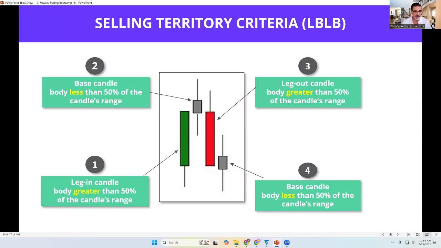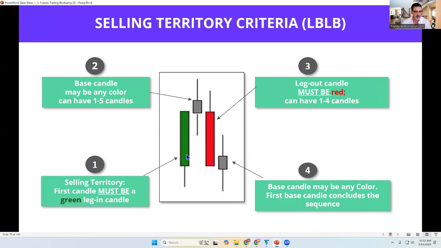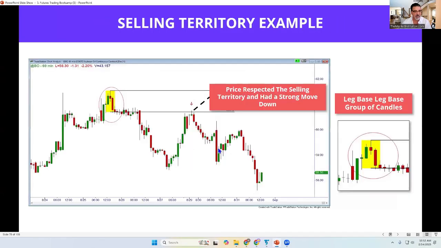And I'm expressing this, the exact picture. The colors even matter on this. For supply, the leg in must be green, the leg out must be red. Base candles can be any color. I can have 1 to 5. The very first base candle after the leg out concludes the sequence, and that's where we place our proximal and distal lines around it. Okay.